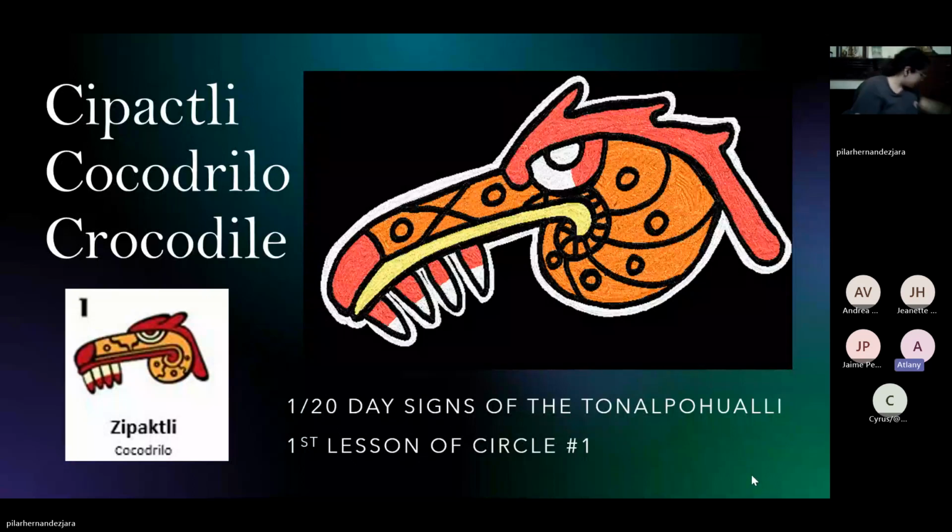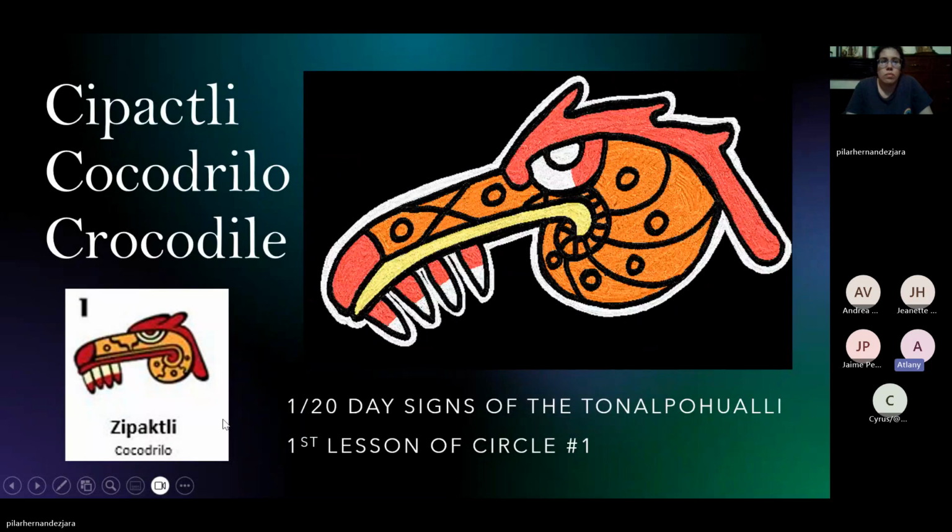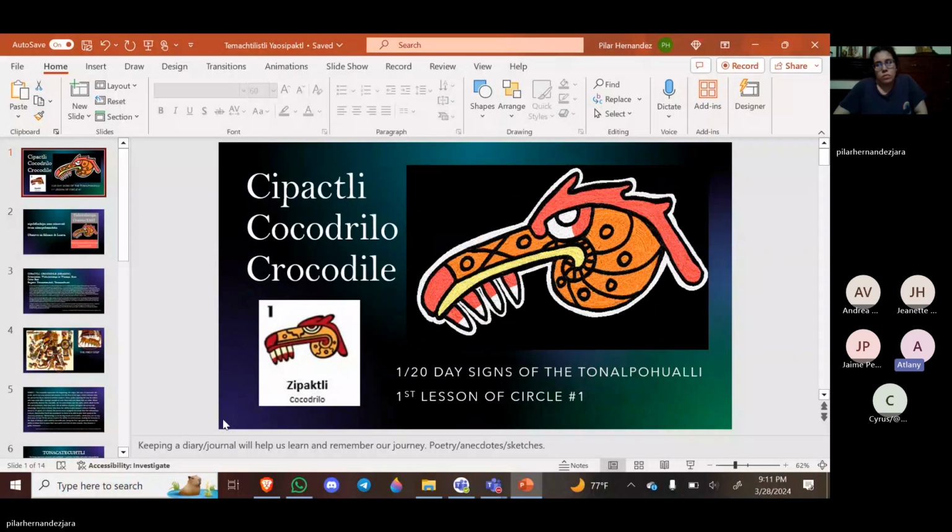We're gonna go into each individual tonal or image in it. There's 20 of them. 20 is an important number because that's the number that was used to keep track of math, if you will. It was called a Sempowali. Sempowali was one count, which basically translated to 20.